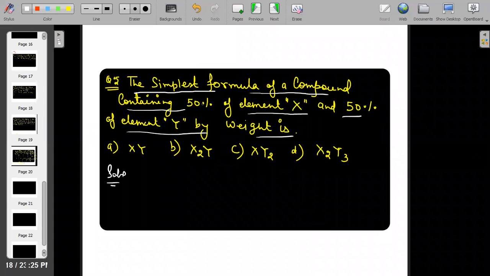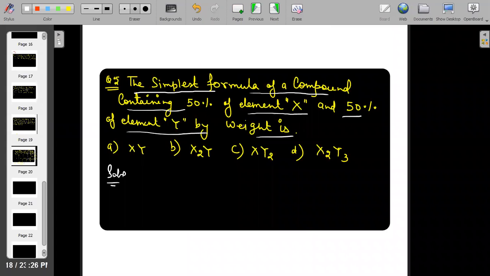The 50% of element X and 50% of element Y means those are 50-50. So the formula of the compound is XY. If both are present in the same quantity, the formula will be XY. So why are you giving so much stress to your mind?